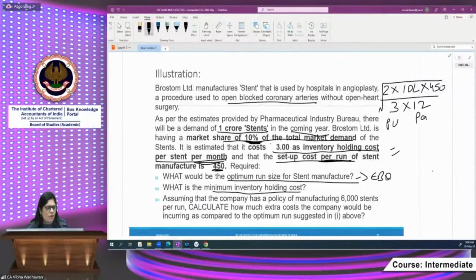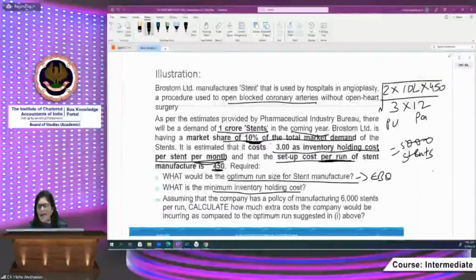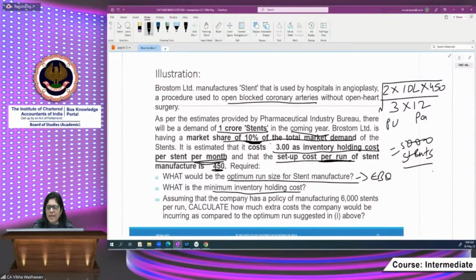Okay, so now I've got the answer. It is 5,000 stents. That means in one batch, 5,000 stents should be produced, together in one lot. Clear? You should know the inventory holding cost. So the second question is inventory holding cost. Inventory carrying cost per unit per annum is 3 into 12, 36.